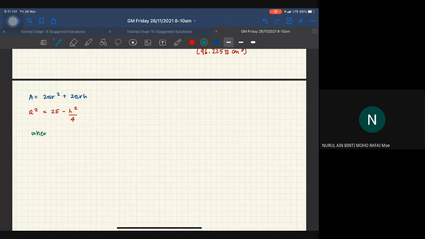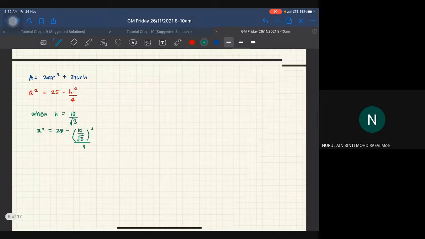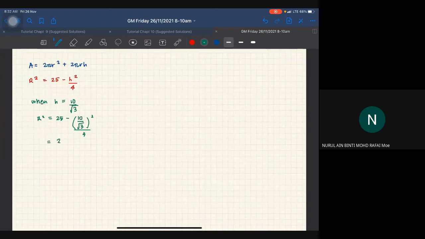So awak akan dapat R square equal to 25 minus 10 over cert 3 square over 4. Okay, so simplifykan dulu. Your right hand side, you will get 25 minus 100 over 3 times with 1 over 4. Okay, so saya simplify lagi. 25 tolak this one, kita potong 4, 1, 125.